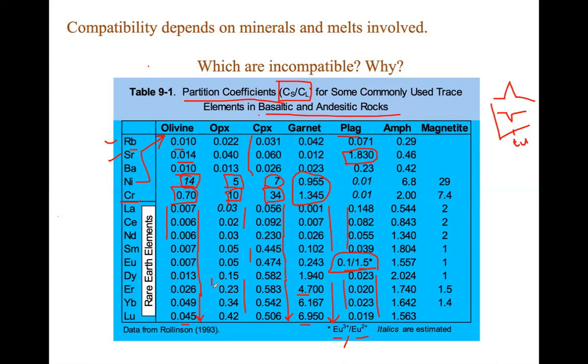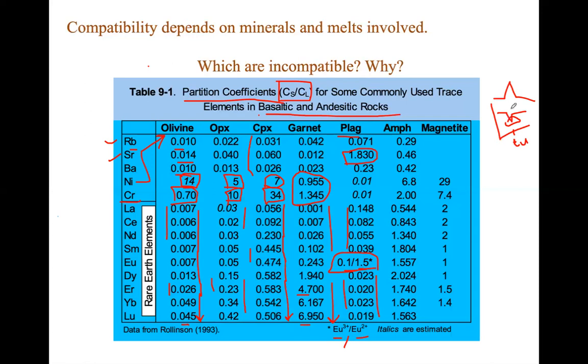Therefore, this type of characteristic depletion or enrichment you can't see in other phases. So this europium feature is very characteristic for plagioclase. We will discuss trace element patterns in different rocks using different diagrams.